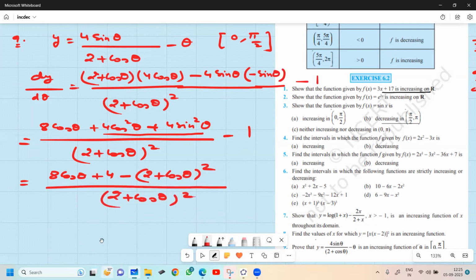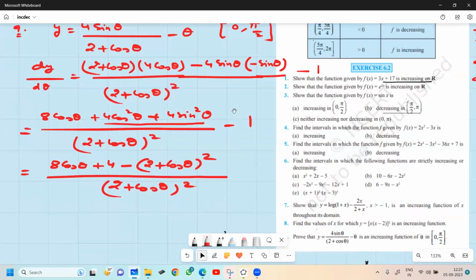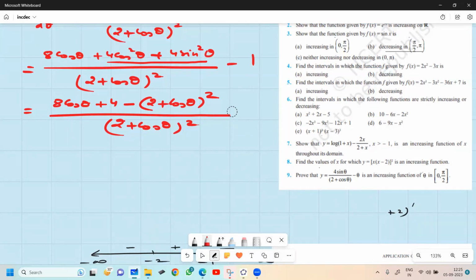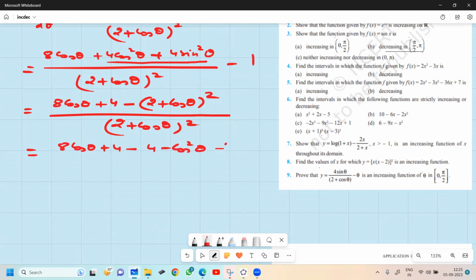So, if I open this, I'll get 8 cos theta plus 4 minus 4 minus cos square theta minus 4 cos theta upon (2 plus cos theta) whole square, right?